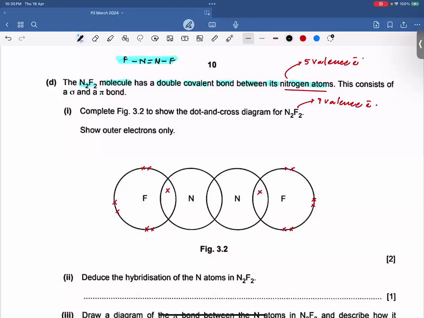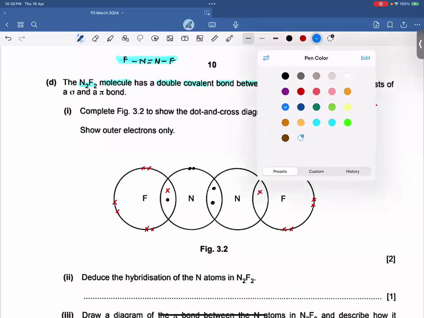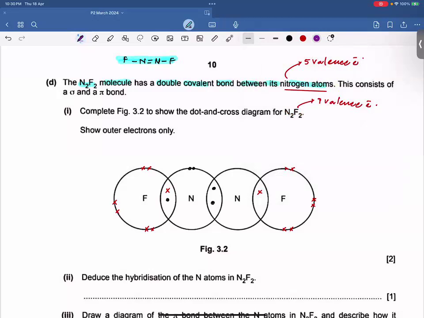Now distribute 5 electrons of nitrogen, 1, 2, 3, 4, and this one is 5. Similarly, distribute 5 electrons of the other nitrogen, 1, 2, 3, 4, and this one is 5. So this will give you a bond, and this will give you another bond, a single bond like this, and a single bond over here, right? I hope it makes sense to you.